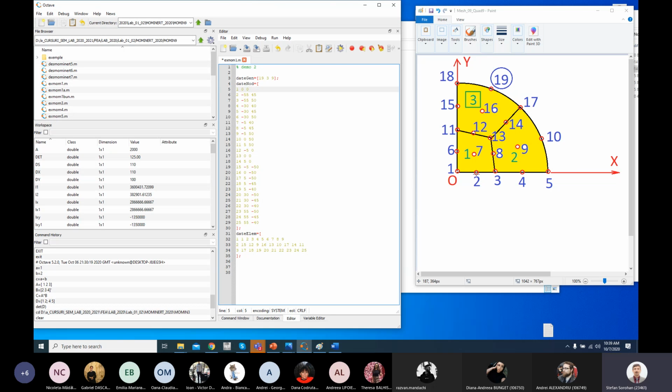Node number 2, we can suppose that this one is a quarter of 10. Or if you use a sketch at scale, you just take a ruler and you can measure this distance. It's not very important. The most important nodes are this one on the boundary, and of course this one, but this one here may be also a little bit not perfect, because if you move it a little bit, it is not so important.